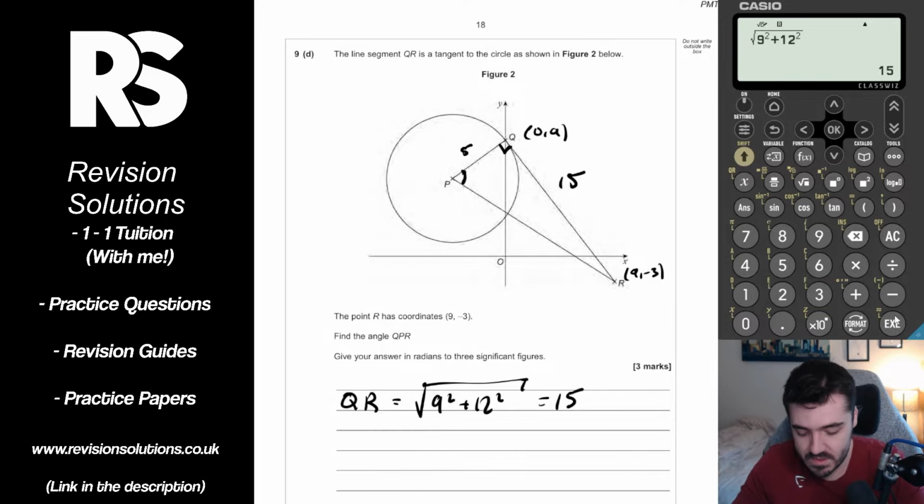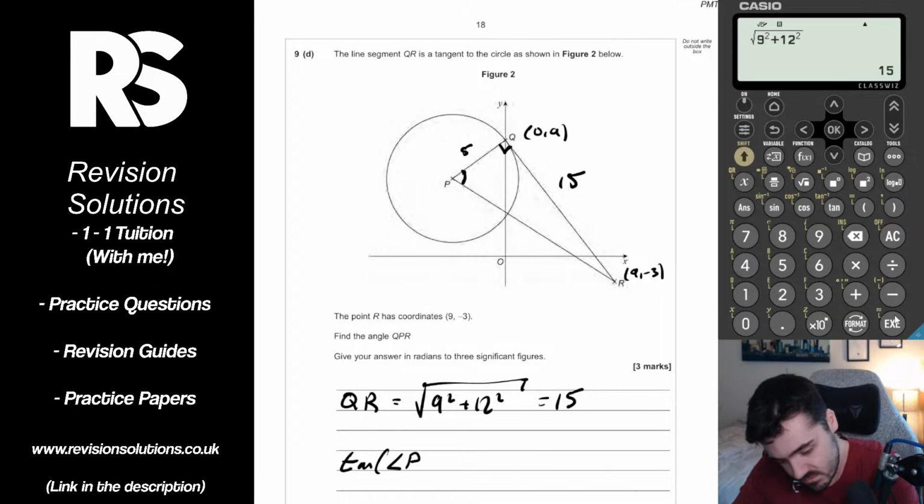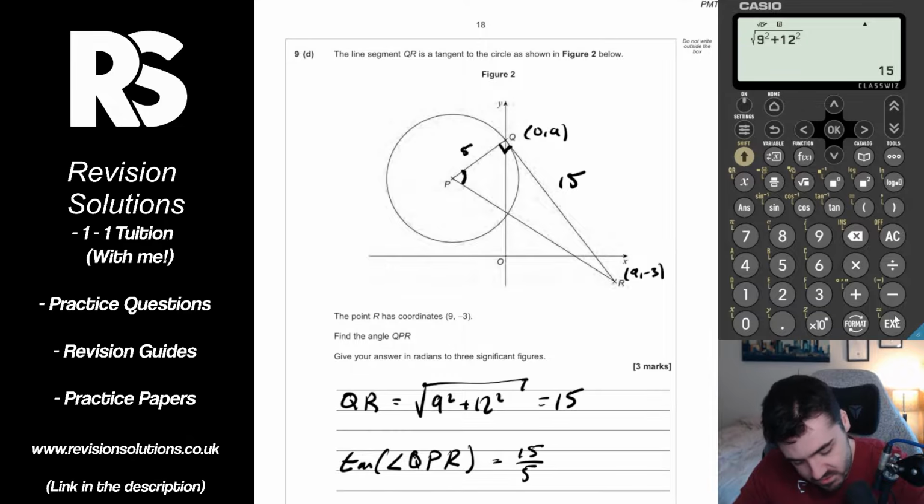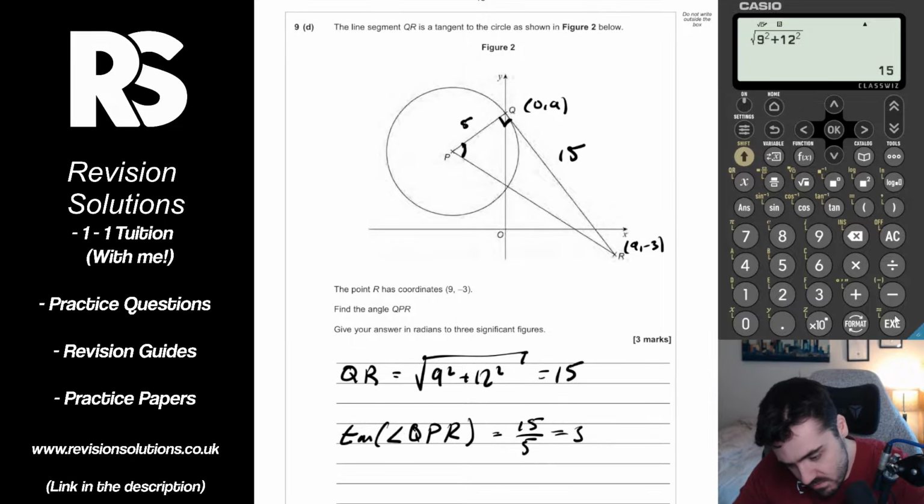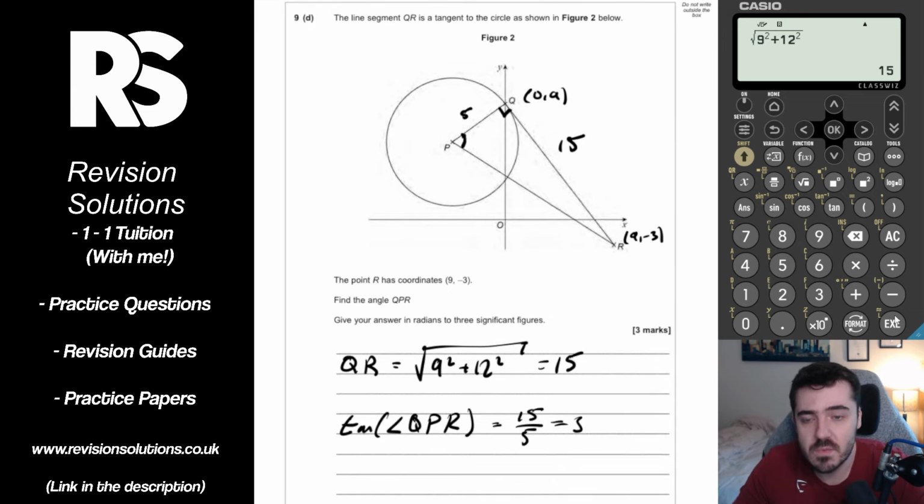So with a right angle triangle, we can just use SOHCAHTOA. We actually have the opposite and the adjacent. So we know tan of our angle QPR equals the opposite, 15, over the adjacent, 5, which is just 3. They want the answer in radians. My calculator's in radians.